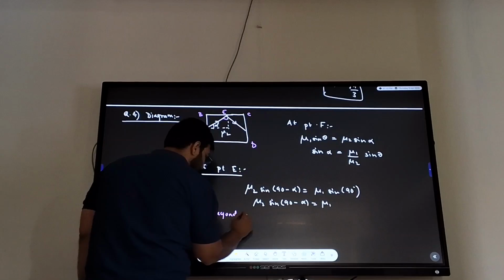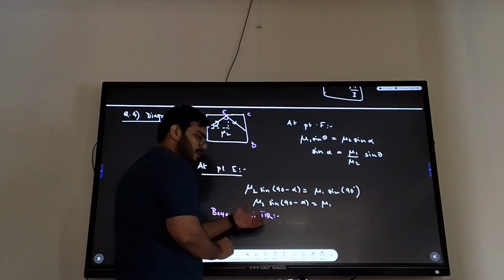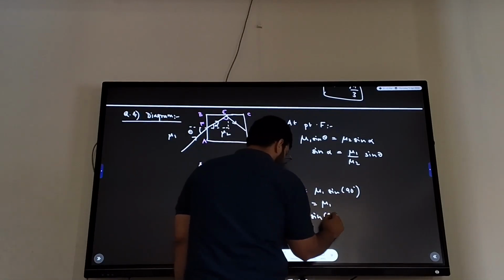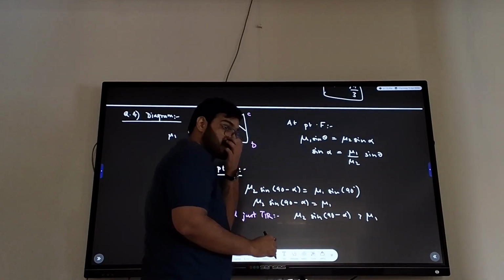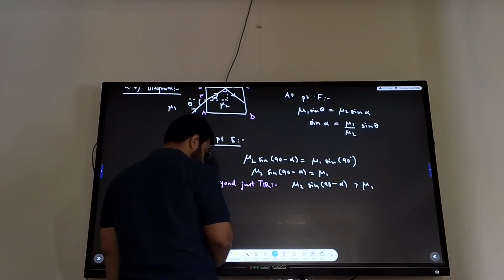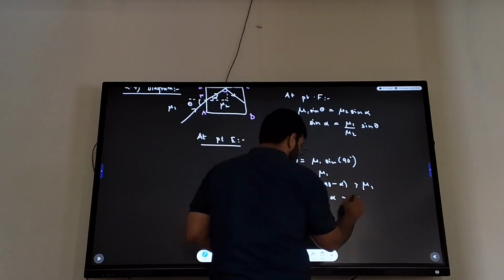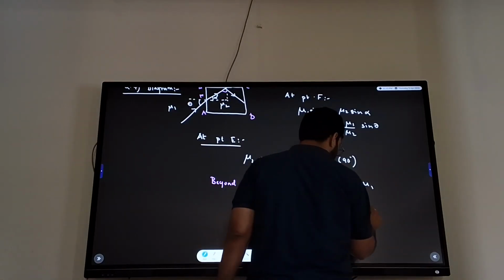Beyond just TIR, these are not proper words maybe, but anyways, mu2 sine 90 minus alpha is greater than mu1. Yes or no? Now mu2 sine 90 minus alpha is mu2 cos alpha, that's greater than mu1, so cos alpha is greater than mu1 by mu2.